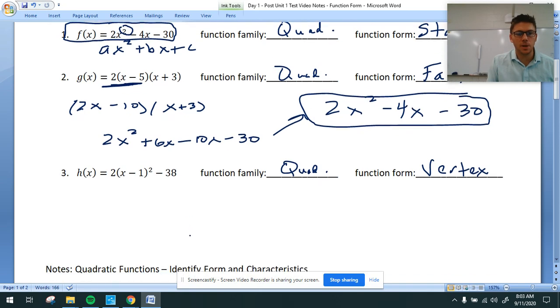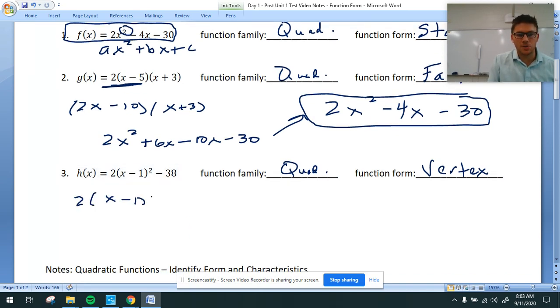And then our last one here, let's multiply this out. I'm going to have to expand this, write x minus 1 out twice, and then do the same thing as the previous problem, multiplying two together at a time. I'm just going to do these two and call it 2x minus 2, and then multiply that into this x minus 1 that's here.